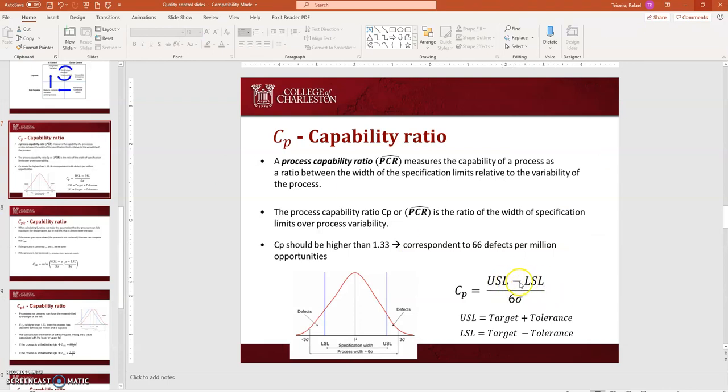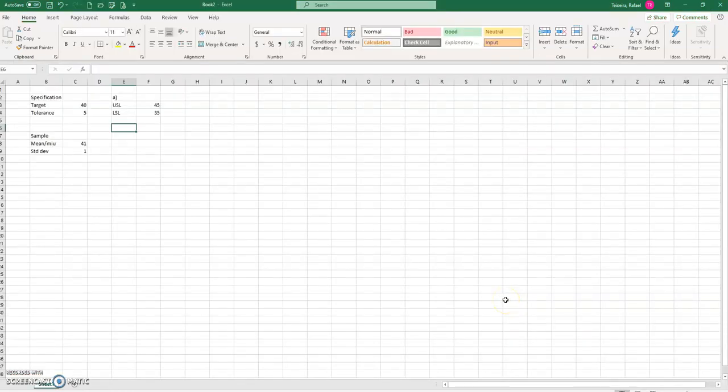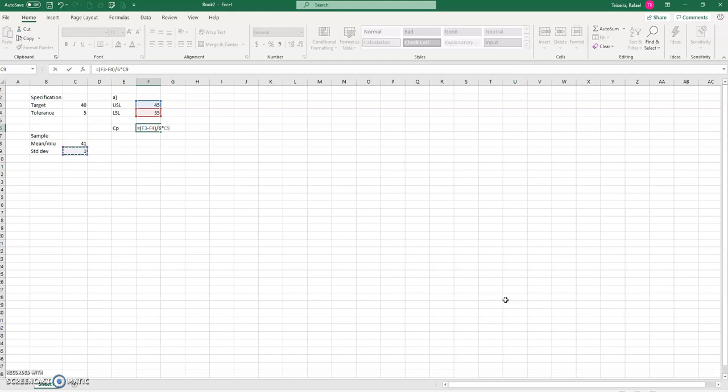Now I'm going to subtract one from another and divide it, so my CP is going to be equal to, open parenthesis, 45 minus 35, divided by 6 multiplied by the standard deviation of 1, which is our sigma. Okay.